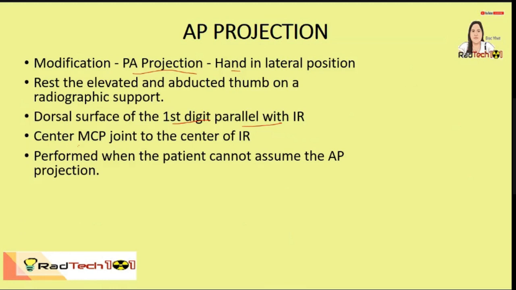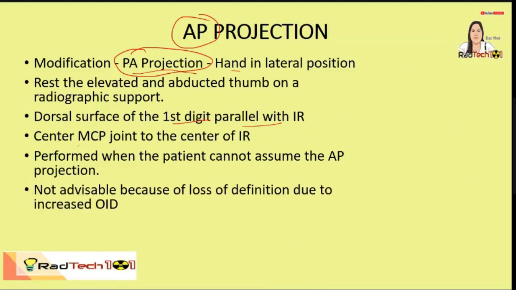This is performed, ang PA projection is performed kung hindi kaya ng patient ang AP. Halimbawa, masakit, hindi niya ma-tolerate dahil sa fracture or dislocation, so we perform the PA projection. This is not advisable because of the loss of definition because of the increase of OID.